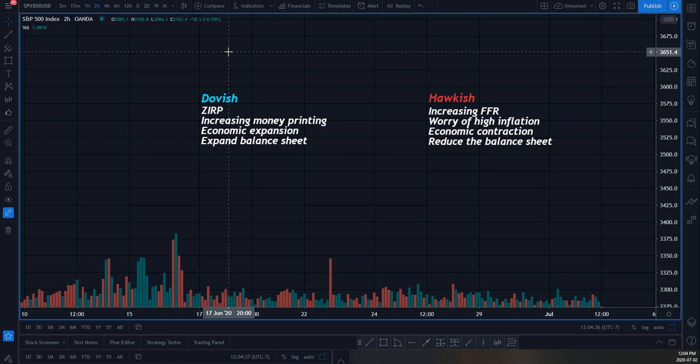Money printing equals inflation. So in theory, that is a major part of inflation, but there's a key factor that needs to play into the formula of inflation in order for it to actually be shown in the CPI numbers and overall everyday individuals purchasing goods and services. So this key factor is the velocity of currency.